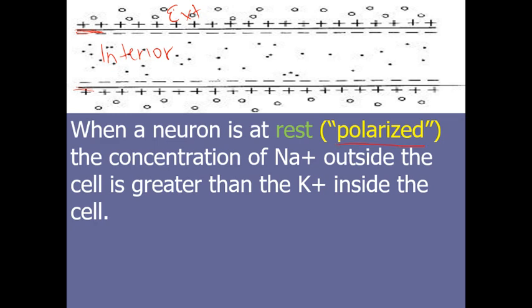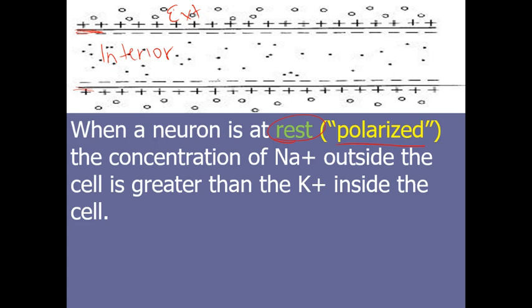And polarized just means technically it's at rest, but really it's not really at rest. What it is, the neuron is primed. It's ready to send an impulse, but nothing's happening yet. So we have set the deck so that it's ready to do something, but it hasn't been told to do it yet. But you got to get it ready to do it, because if it's not ready, then nothing will ever happen.